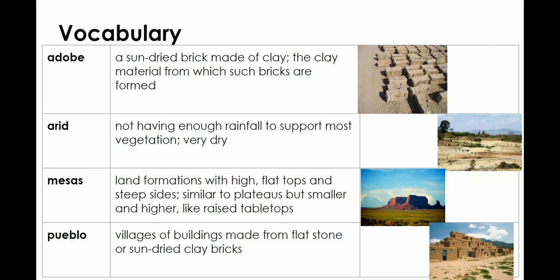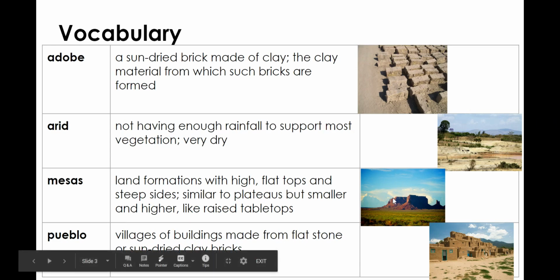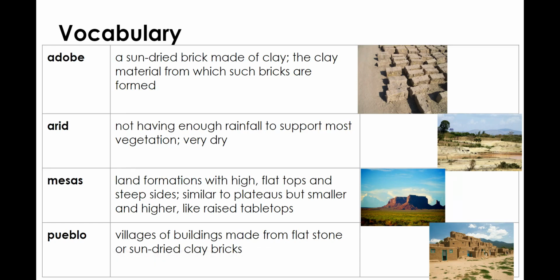The next word is mesas, land formations with high flat tops and steep sides, similar to plateaus, but smaller and higher, like raised tabletops. So here you'll see the mountains are high with raised flat tops. And then our last word is pueblo, villages of buildings made from flat stone or sun-dried clay bricks. So then you'll see the pueblo.